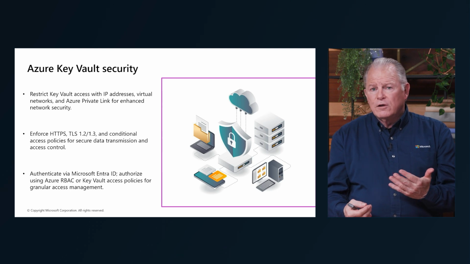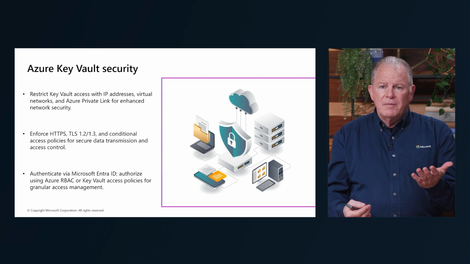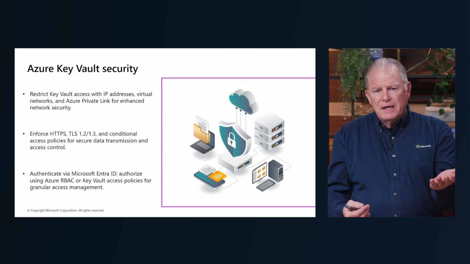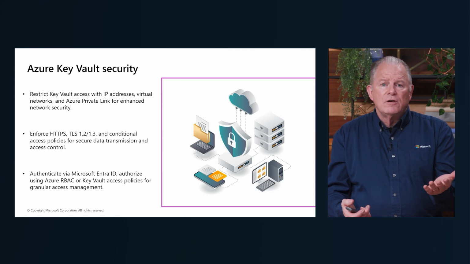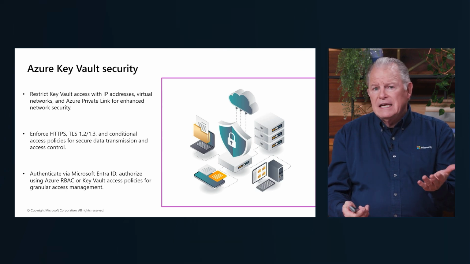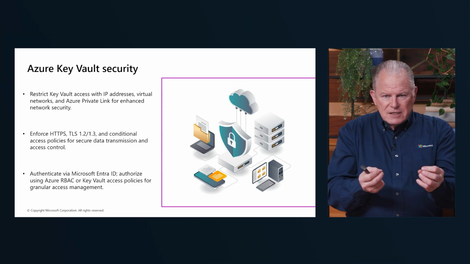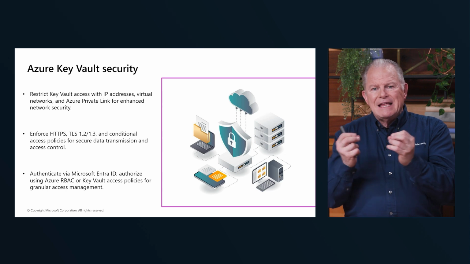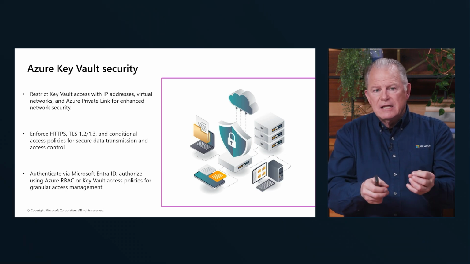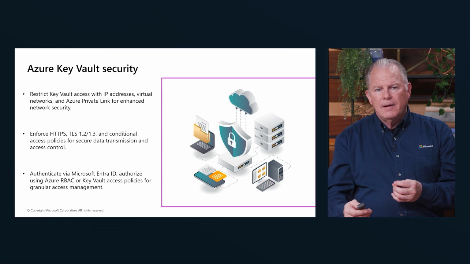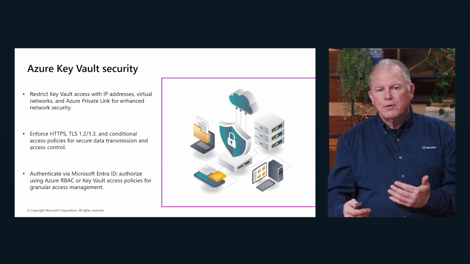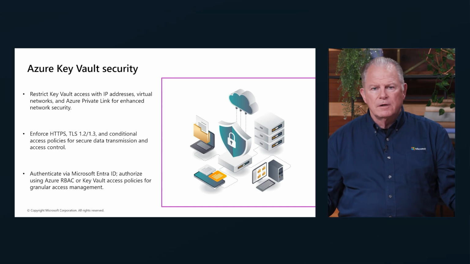The other thing that I can do is elevate this up from a SaaS or a policy-based access. I can now use Microsoft Entra ID, so that the application or the user of the information gets access to the vault based around Entra ID, and then the access to the resources in the vault is also going to be controlled through the RBAC permissions that you have, and that's what they're talking about here.